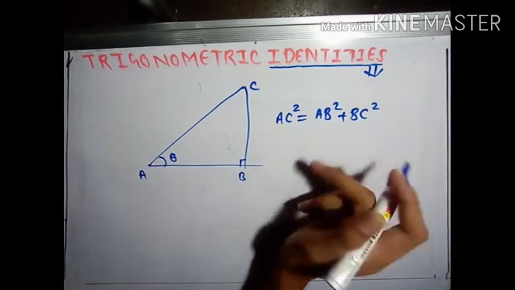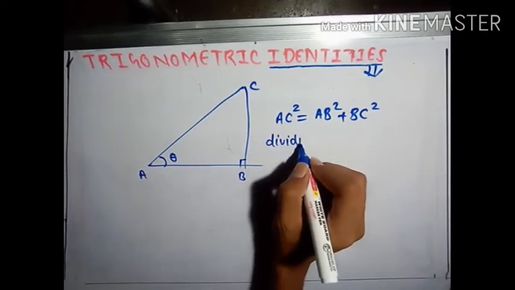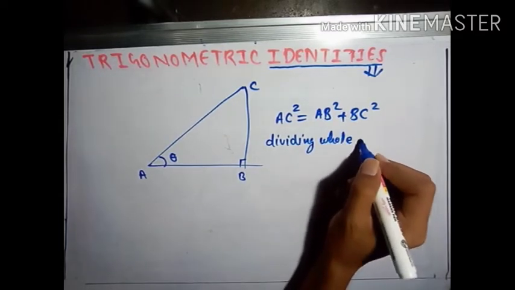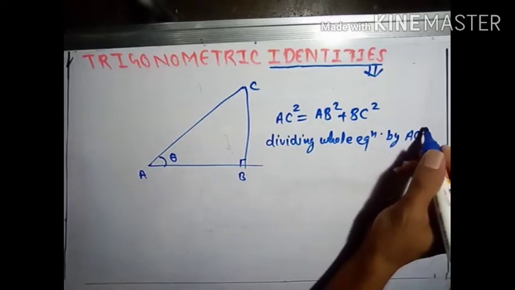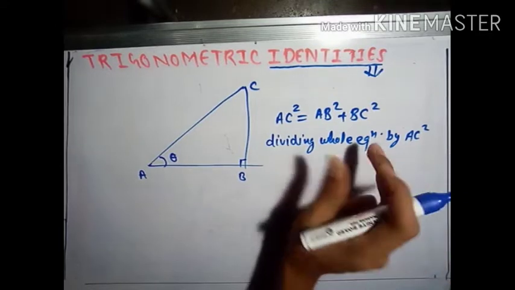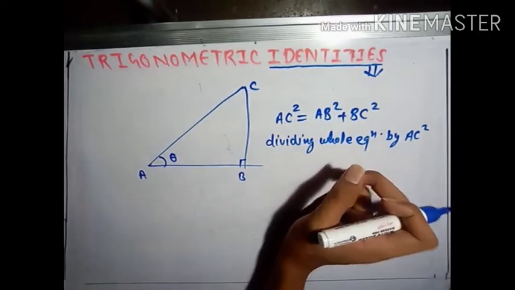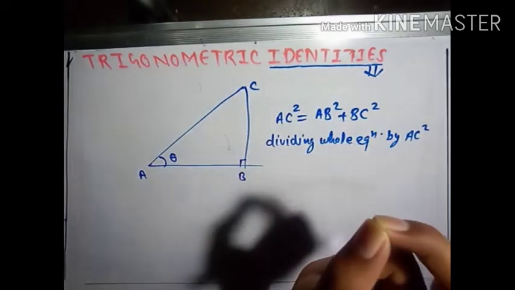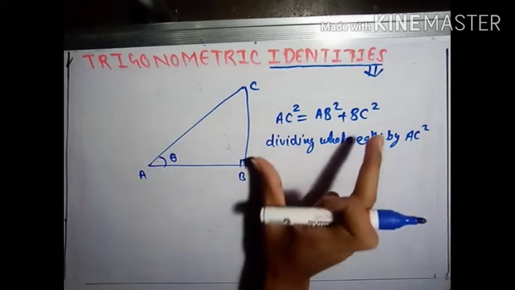In this case, I am dividing the whole equation by AC square. Did you understand this? Why am I doing that? Because I have to make this equation in the form of ratios, because trigonometric identities depend on trigonometric ratios.